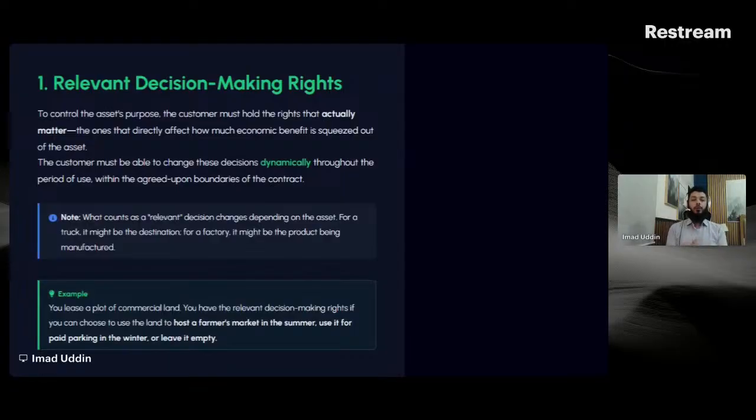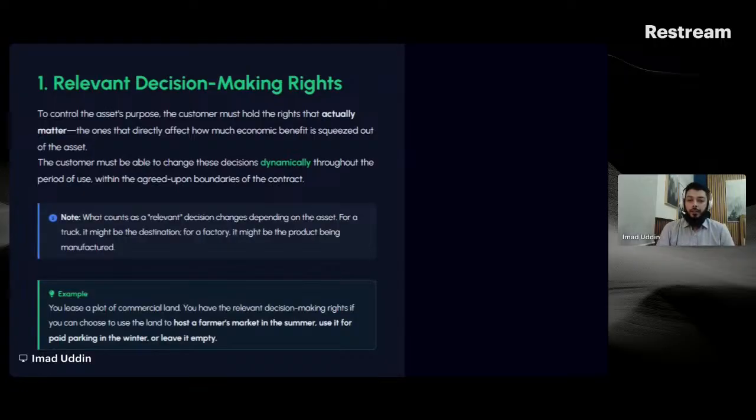So if the lessee wants, he can use it for 5,000 miles, or 7,500 miles, or any particular amount of miles. So when we're talking about these relevant decision-making rights, we're talking about them within the scope of the contract, within the predetermined purpose or the predetermined design of that particular contract.